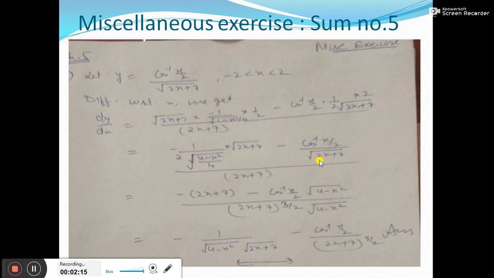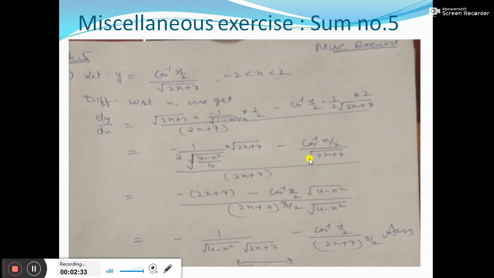Either we can take the LCM and then simplify. The LCM will be root of 2x plus 7 and root of 4 minus x square, and the 2 and the square root of 4 will be cancelled.